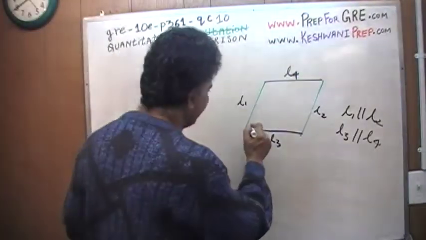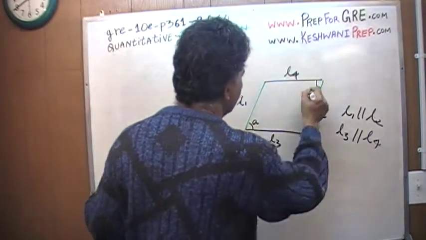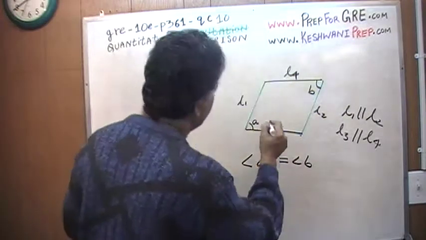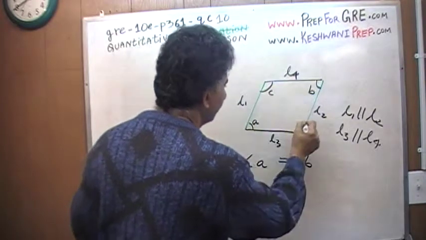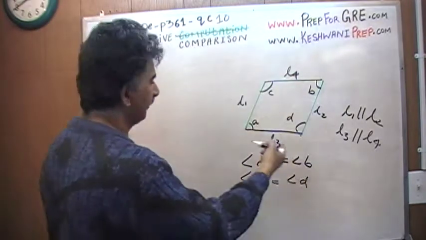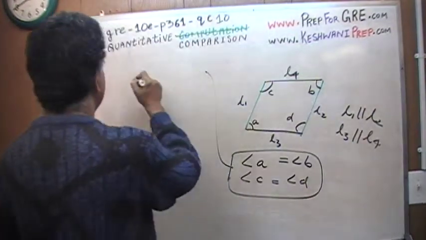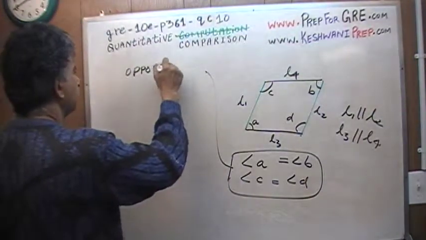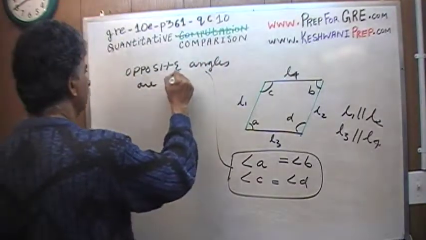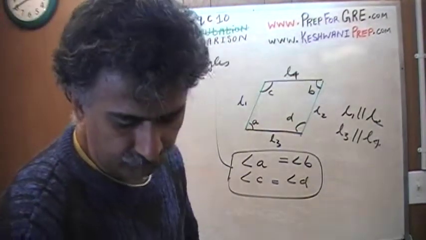The other characteristic is that this angle here, let's call it angle A, equals angle B. Angle A equals angle D. And similarly, angle C equals angle D. In other words, let me restate this on the top here: opposite angles are equal in a parallelogram. Opposite angles are equal, and that's what they're testing here.